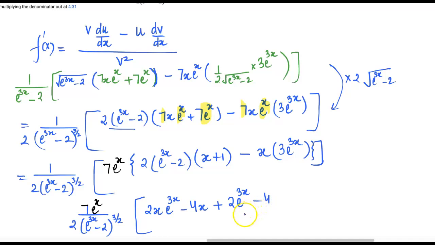I'm very careful this time. Right? Okay, so minus 3x e to the power 3x.